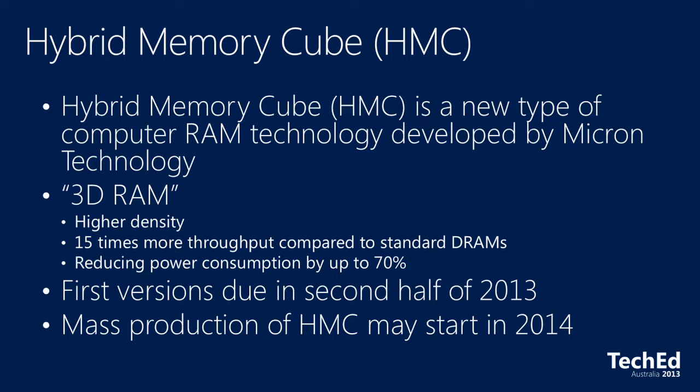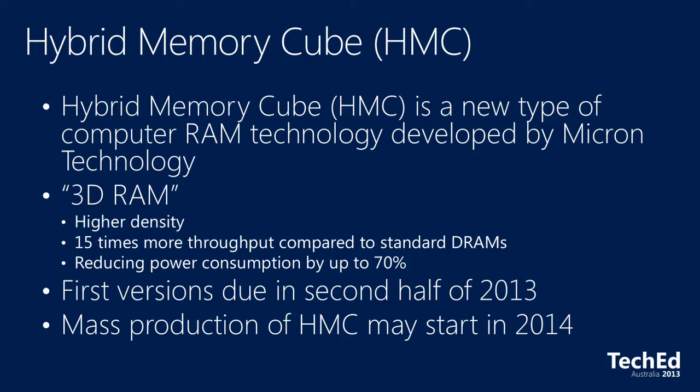The bottom line is that you have higher densities of memory and memory that works at faster speeds by orders of magnitude. It's already been ratified as a standard, and I think the first versions are out in the second half of this year. They might not be high capacity, but in a couple of years you might be buying these to plug into servers, perhaps 16 gig sticks, then 64 gig sticks, and then 128 gig sticks.